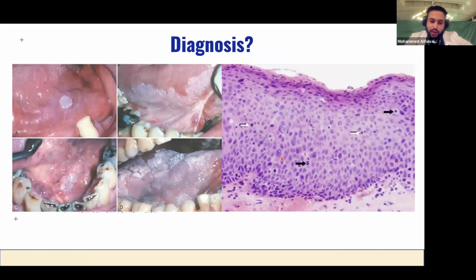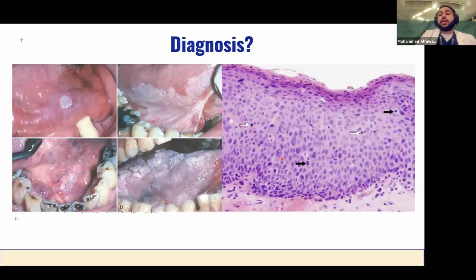Now, you have this patient who was a smoker for 30 years showing up to you with a mass, or not a mass, this white lesion located on the lateral tongue. You try to scrape it off, you can't. What is this? Leukoplakia, good.